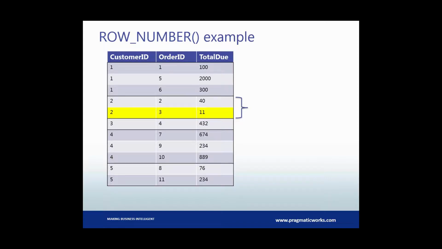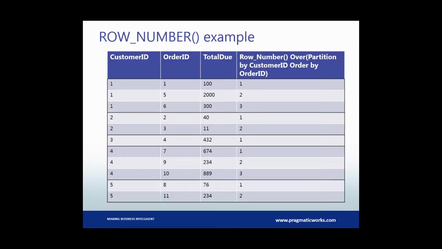And for each particular row, when I apply my row number, I have a particular window that I am going to apply that row number function to. So now I'm going to partition by customer ID and then order by order ID, and this is how my row numbers look. I'm going to start over for each customer.